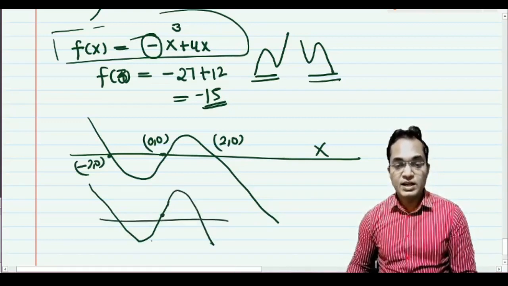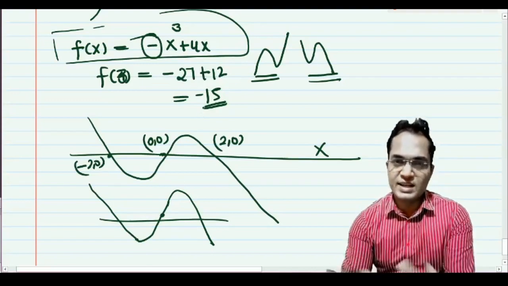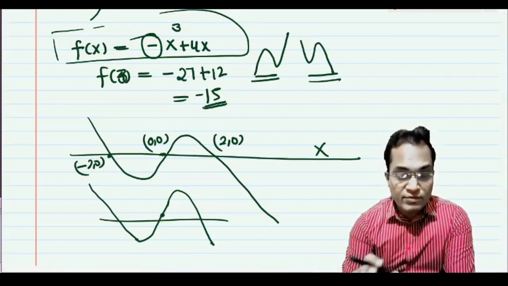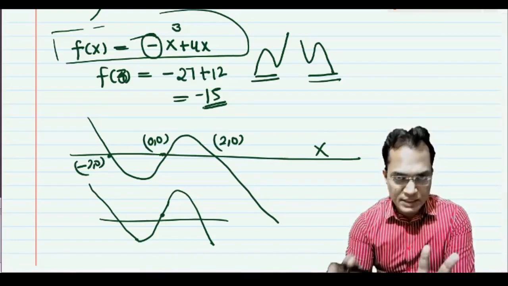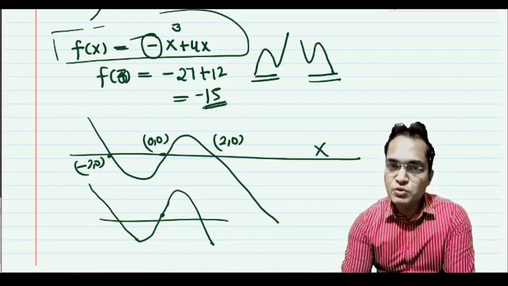That's why there are 2 turning points. And for 10th class, I want to say that you put different values of x and find different values of y. Yes or no? Yes. Then with these values you can easily draw the graph.